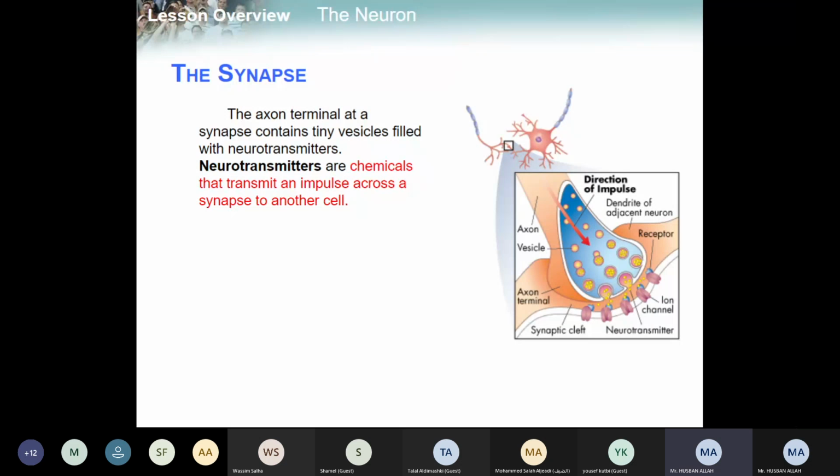Okay, so this is all about this lesson. Once they have done their work, the neurotransmitters are released from the receptors on the cell surface. They are then broken down by enzymes in the synaptic cleft or taken up and recycled by the axon terminal.